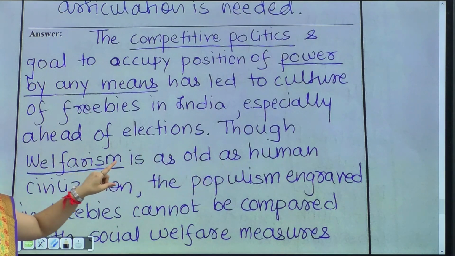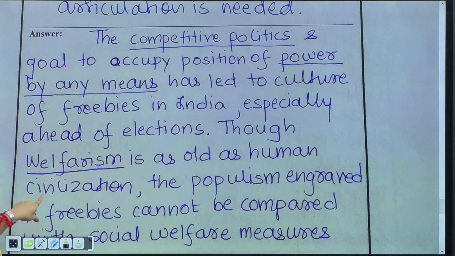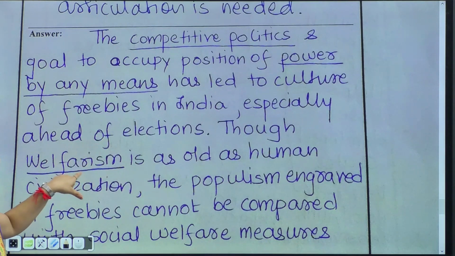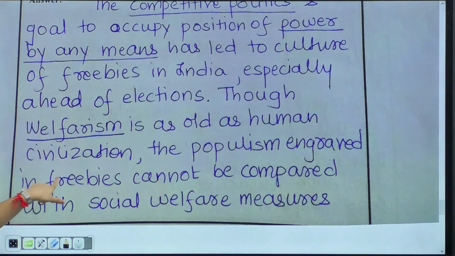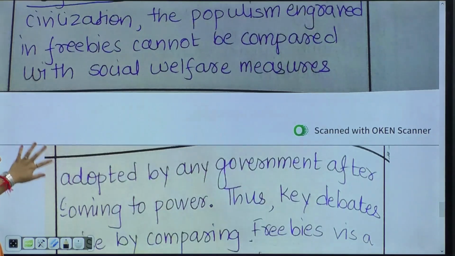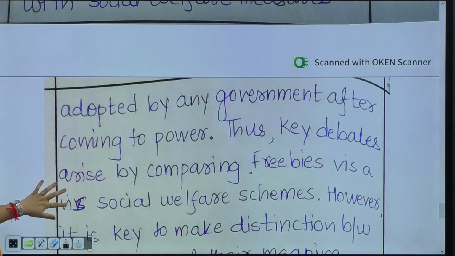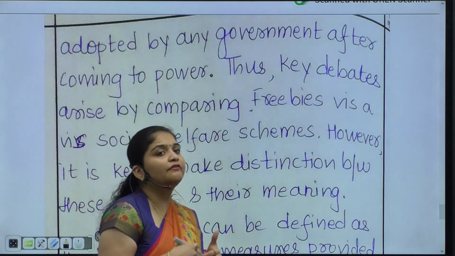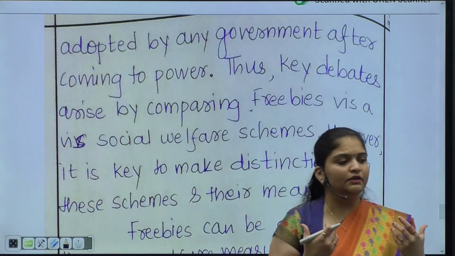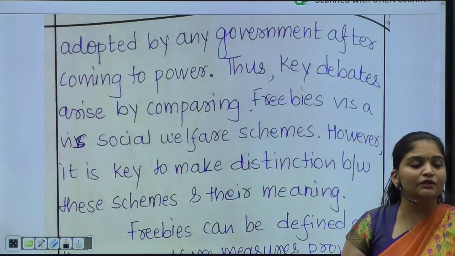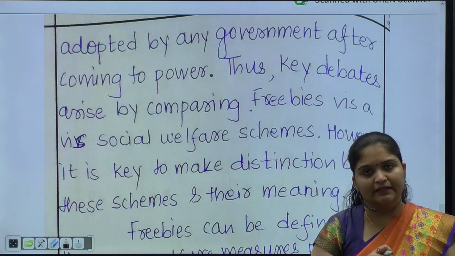Though welfarism is as old as human civilization, the populism that is emerging in the name of this welfare, engraved in freebies, cannot be compared with the social welfare measures adopted by any government after coming to power. So the problem is that social welfare is done after coming to power, and the immediate, prior, temporary arrangements that are coming in the form of freebies are problematic.